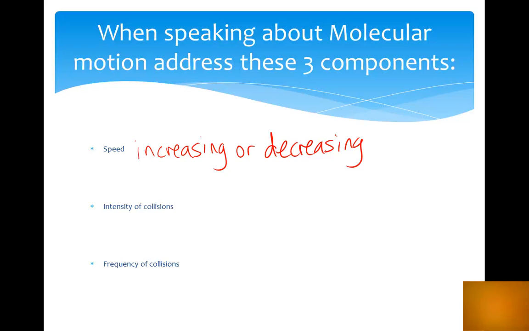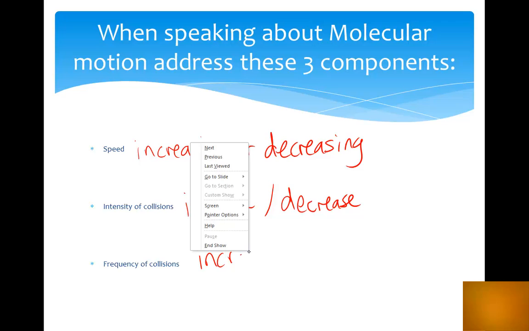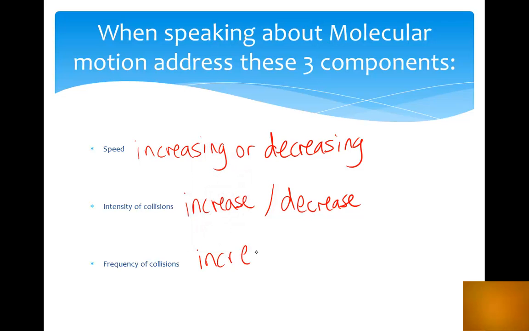Usually if the speed is increased, the intensity of the collisions will increase. If the speed decreases, the intensity will decrease. If the speed increases, collisions will be happening more often. And if the speed is less, they will be decreasing.